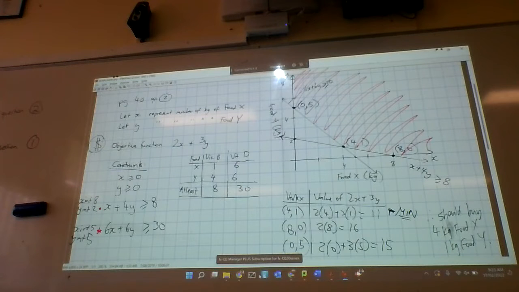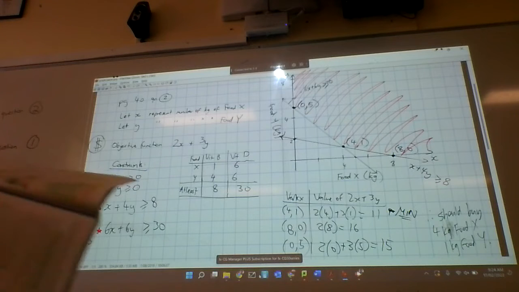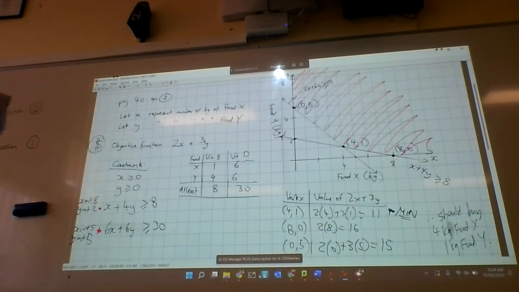What is the next question asking us to do? Discuss the vitamin content of the optimal mixture. Question 2b says, discuss the vitamin content of the optimal mixture. What does it mean by the vitamin content?